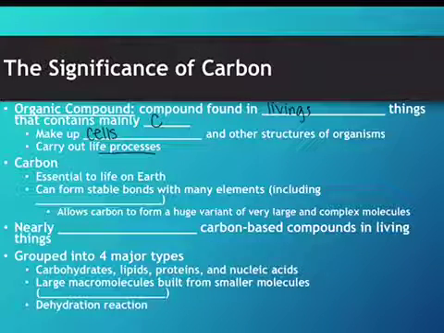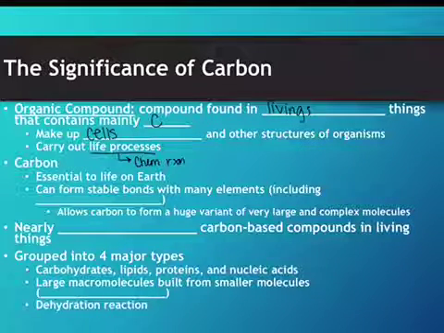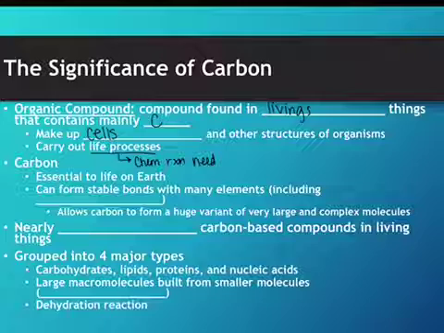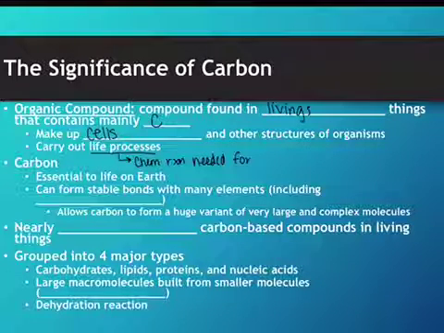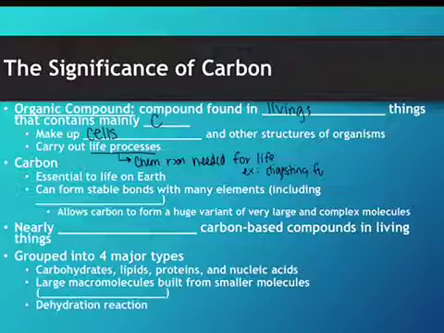So when you see this term life processes, you should think of chemical reactions needed for life. So an example of that would be the reactions dealing with digesting food would be one type of life process.